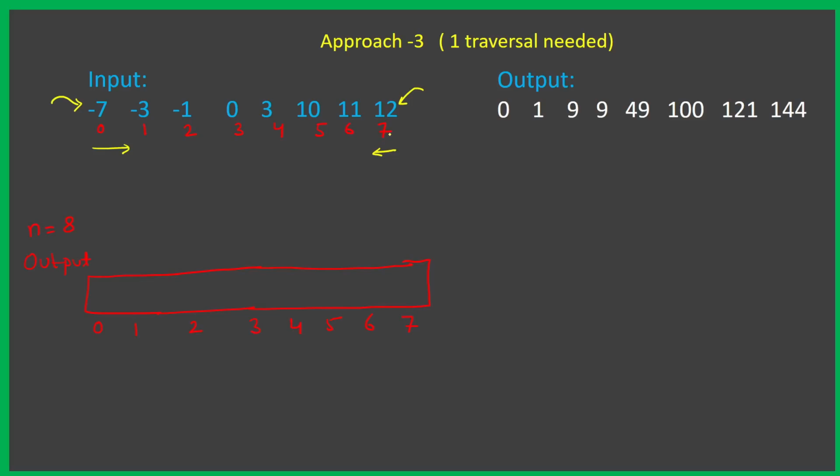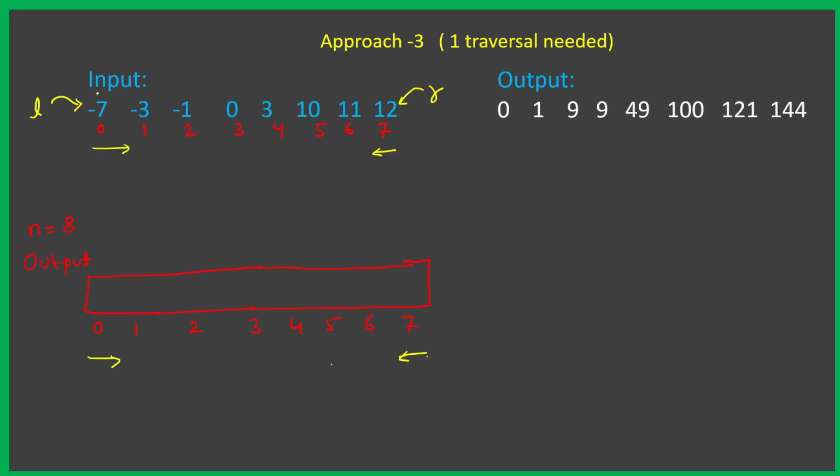But the question is, where should I store that output square? Should I store it from left to right or right to left? I will store the square of each element that I get from this array from right to left, and why we store our answer from right to left will be clearer when we understand this approach. So this is my left and this is my right, and this array is sorted.